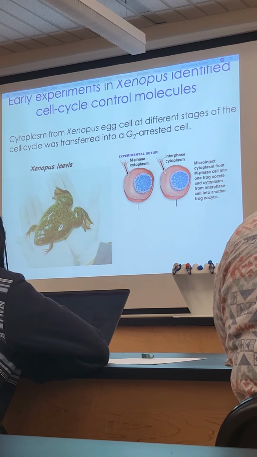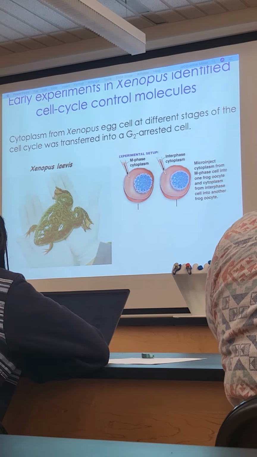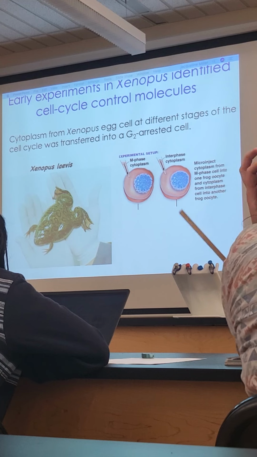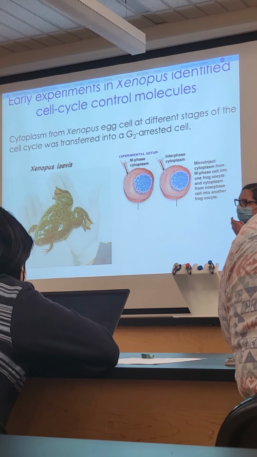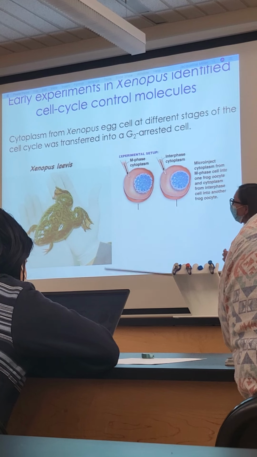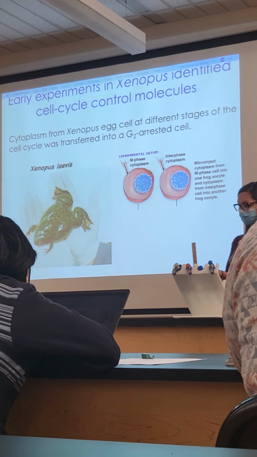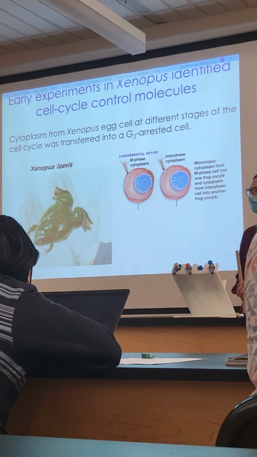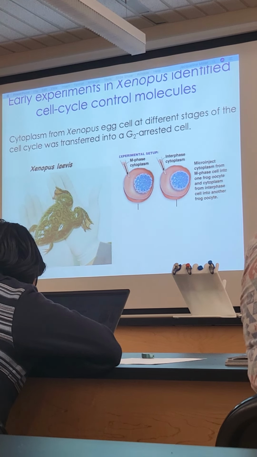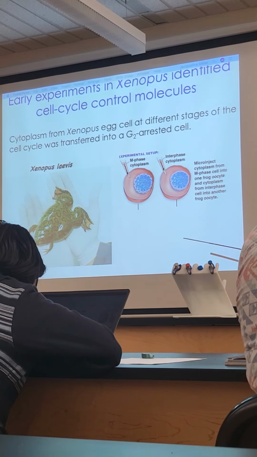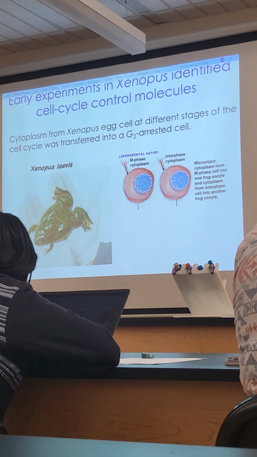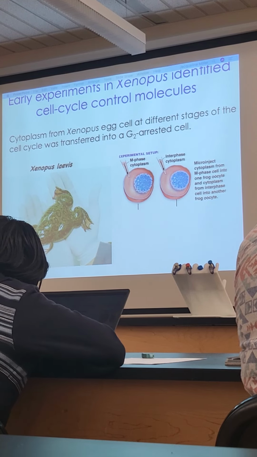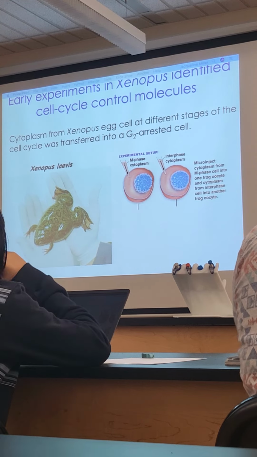So they did a series of experiments working in Xenopus. Xenopus is, I think they're gross, I never want to do experiments on this thing, but you have to. It's a big frog. This is a South African clawed frog that a lot of people do experiments on because the eggs are huge, so biochemically it's a really good source of a lot of proteins.